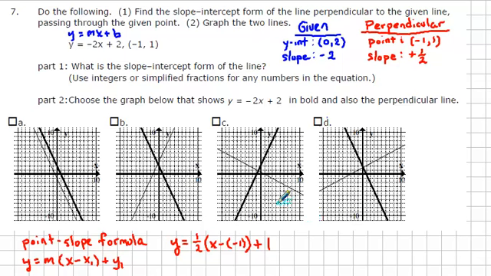Now we are asked to find the slope-intercept form of the line. So what we need to do now is to simplify the right hand side so that it has the form y is equal to mx plus b. So let's first of all go ahead and simplify what's inside the parentheses. We have 1/2 multiplied by x minus -1, but subtracting -1 is equivalent to adding 1.